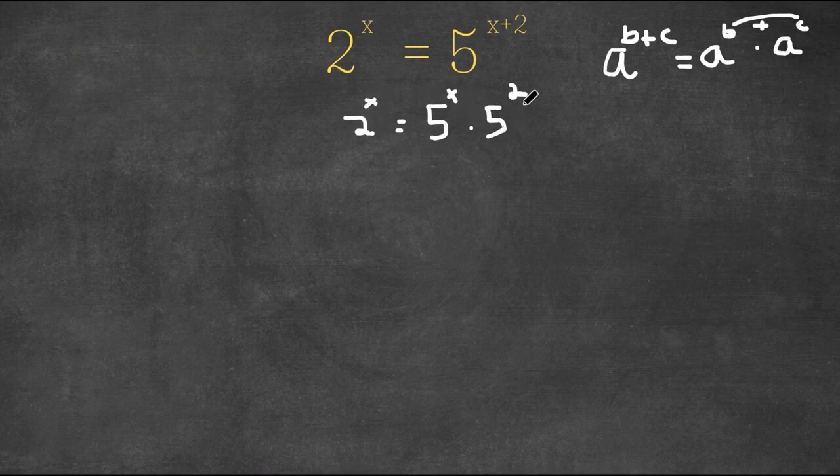Now, 5 squared, as we all know, is 25, right? So this is 5 to the x times 25 equals 2 to the power of x.